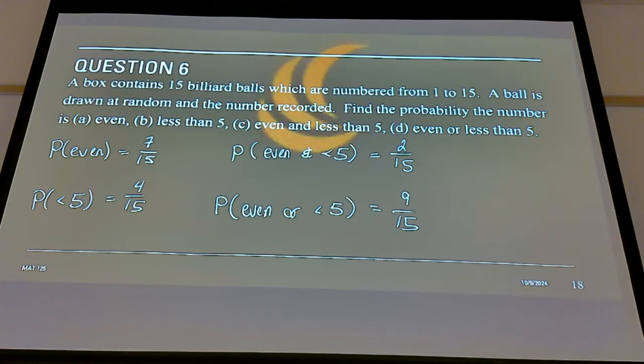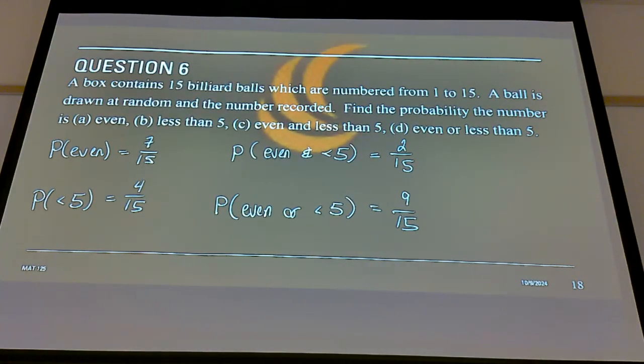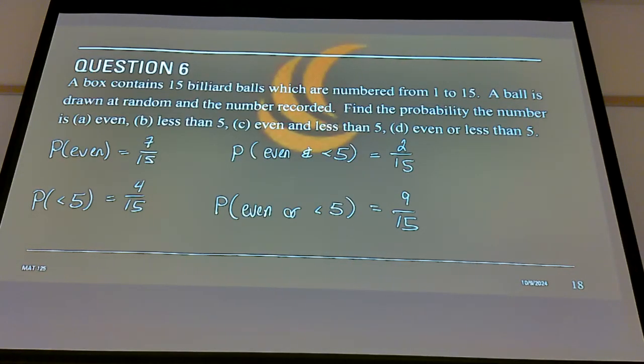In math, or is inclusive, meaning one or the other or both. So you could go, okay, how many are less than 5? There's 4. How many evens do you have? 7. So that's 4 plus 7, which is 11.